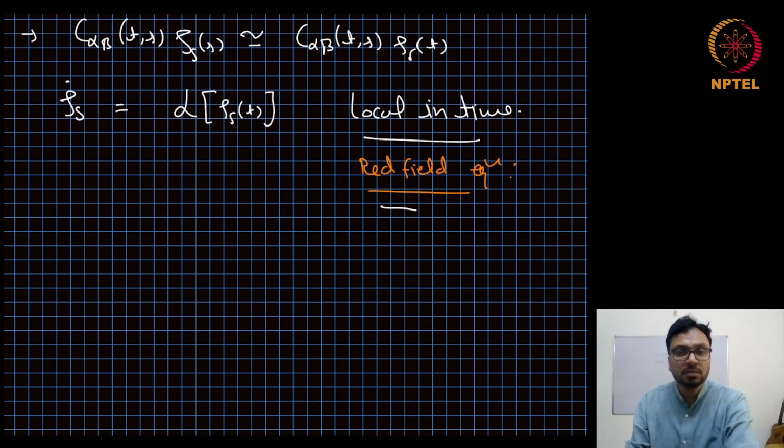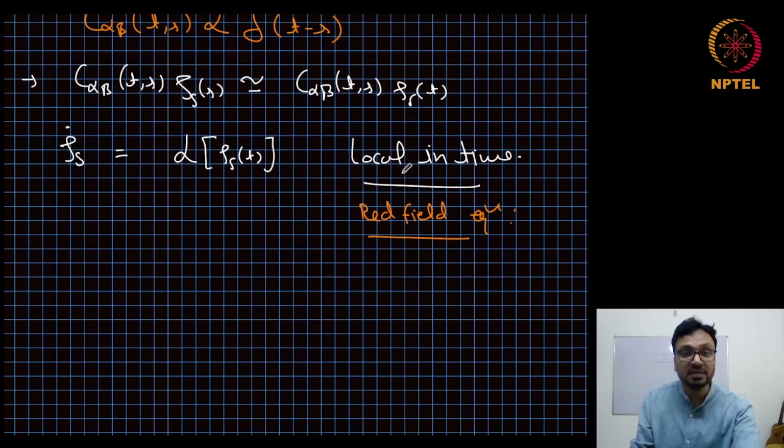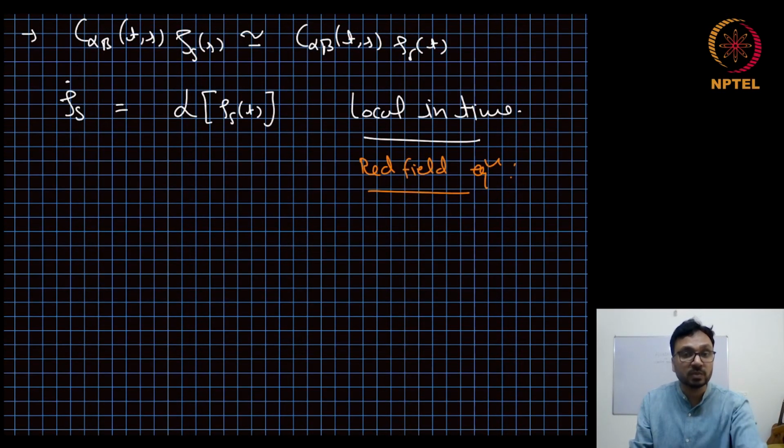This time local dynamical equation is called the Redfield equation, and here the state at time t depends on the state at time t, but it considers the correlation functions from the earlier times also, because the integration still goes from 0 to t. So the equation is local in time in terms of the state, but it still has the information about the history of how the state evolved. So in that way, it's not a Markovian master equation.